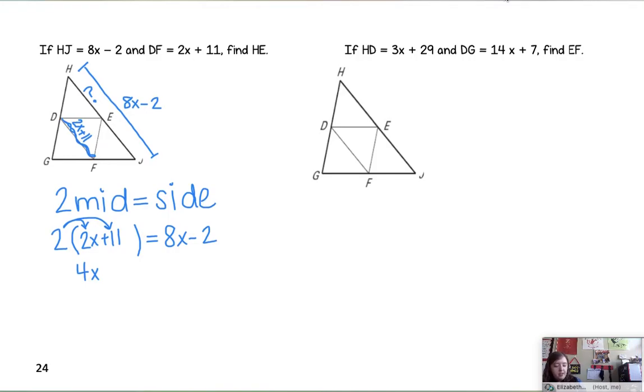There's a plus in the middle. Two times 11 is 22. And the right side stays the same. What do you want to do next?